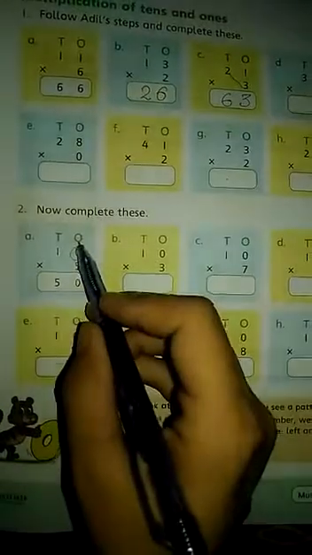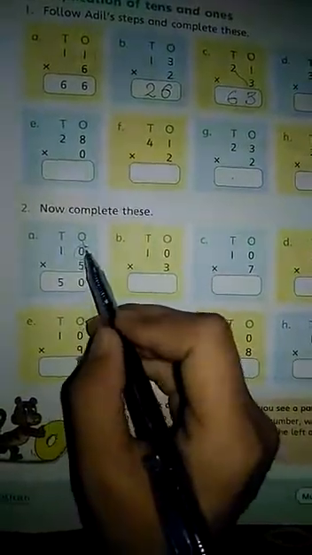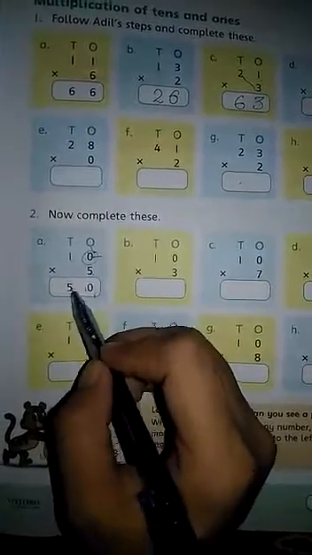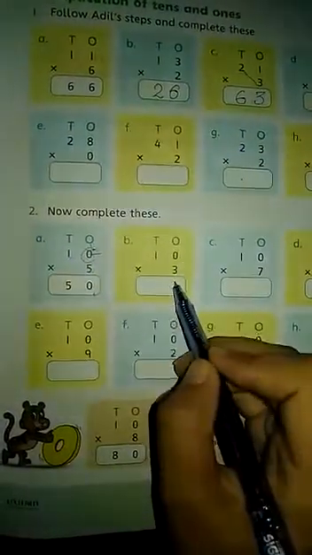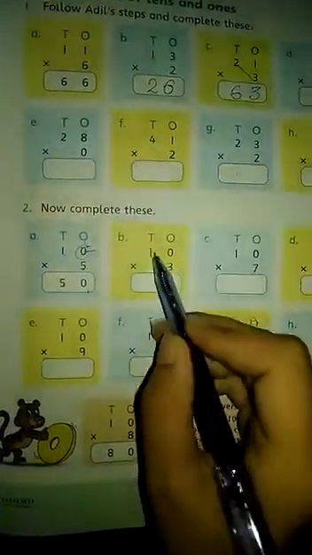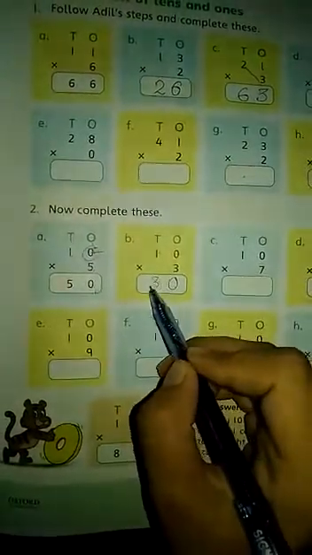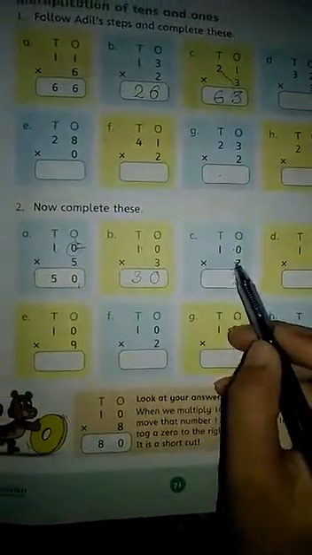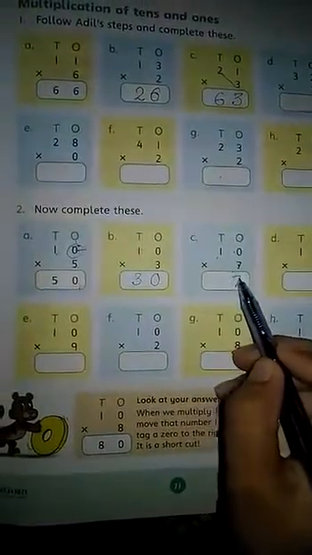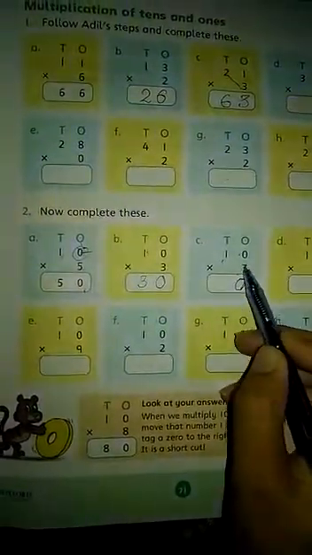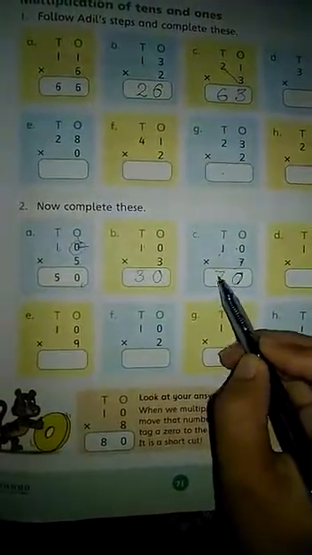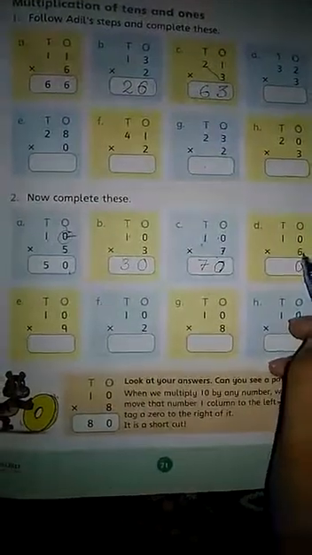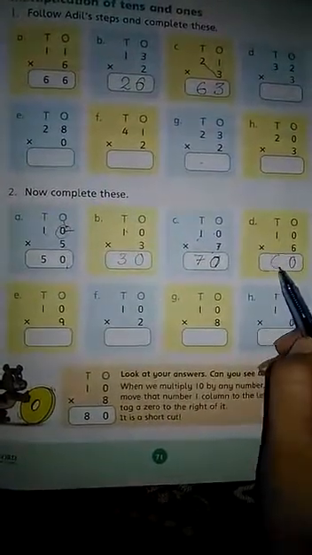So 5 zeros are 0 because there is no table of 0. Next, 5 ones are 5. 3 zeros are 0. 3 ones are 3. 7 zeros are 0 and 7 ones are 7. 6 zeros are 0, 6 ones are 6.